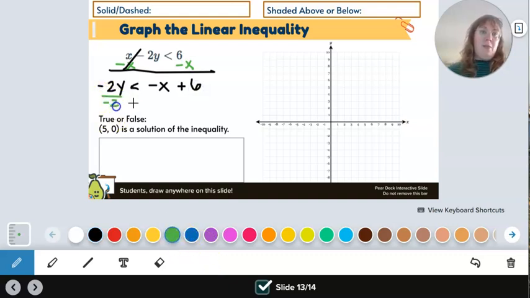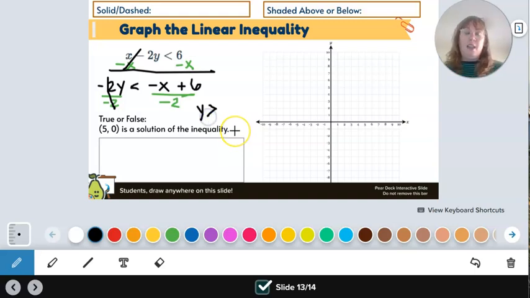And then we divide everything by -2. Now we've got to be careful with this. This is an important one you want to notice. When you divide by a -2, you flip the sign. Keep, change, flip. Maybe that sounds familiar. Whenever you divide by a negative in an inequality, we flip the sign.